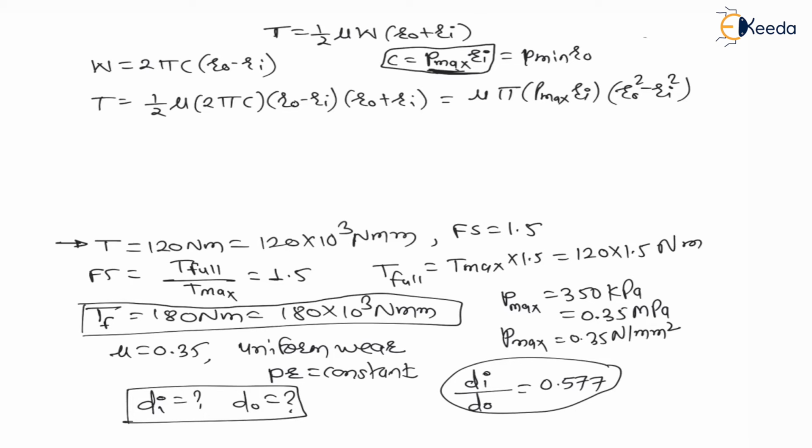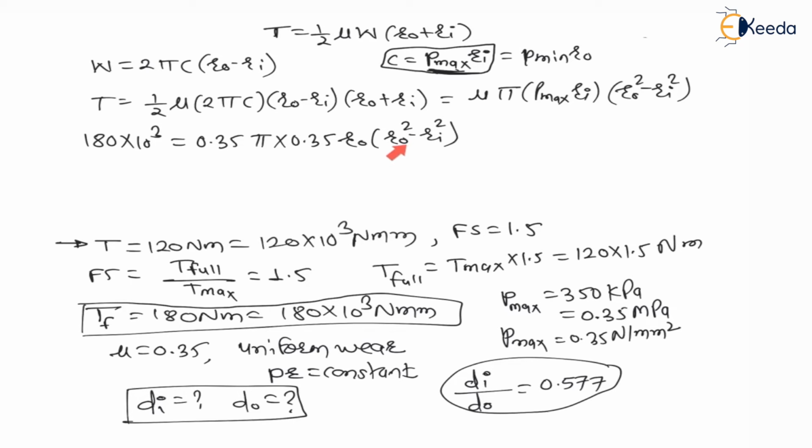Therefore torque is 180 into 10 to the power 3. We have to consider full engine torque for the calculation, because here we are designing for the slippage. Therefore it is equal to coefficient of friction given in the question, 0.35, into pi, into maximum pressure intensity we have calculated, 0.35, into Ro (Ro is not known) into Ro square minus Ri square.